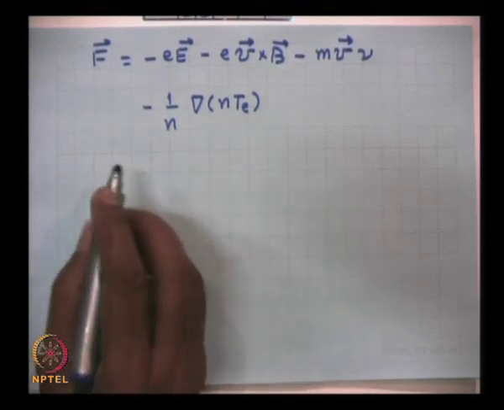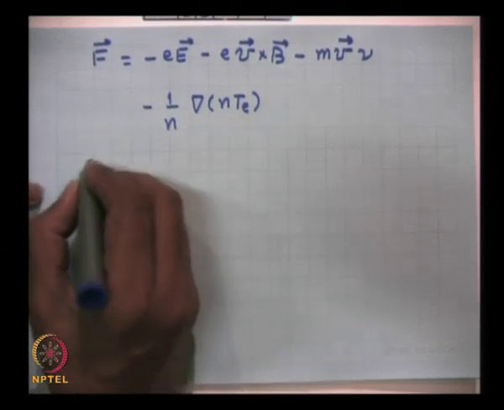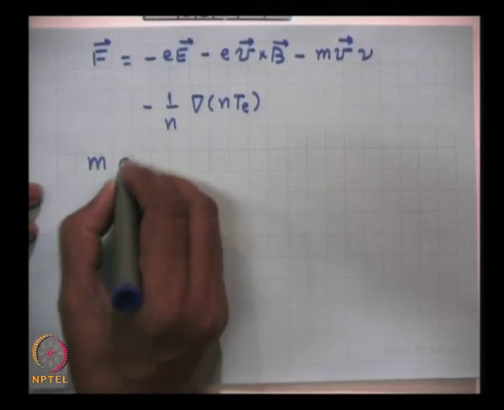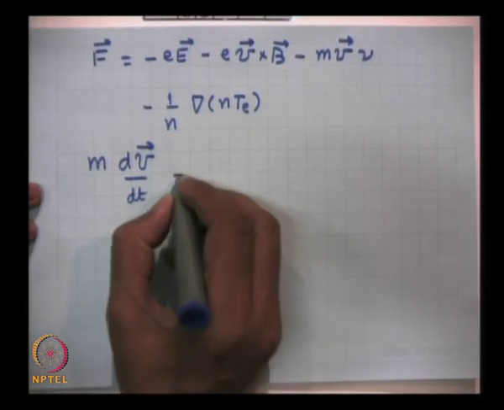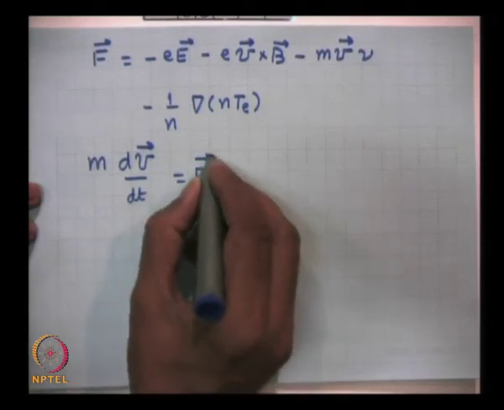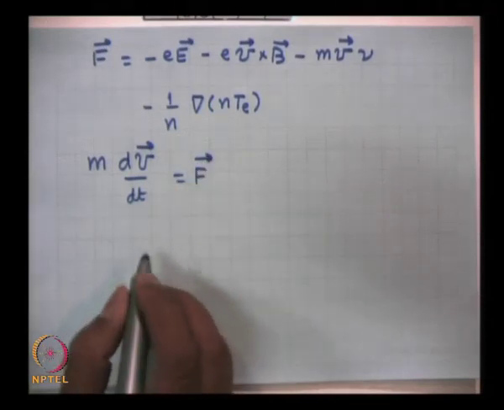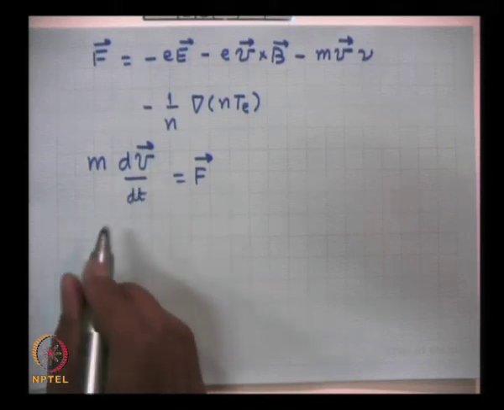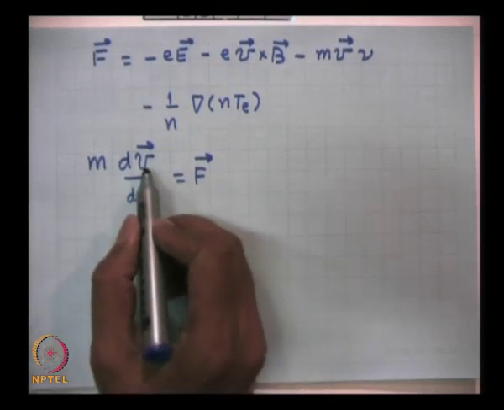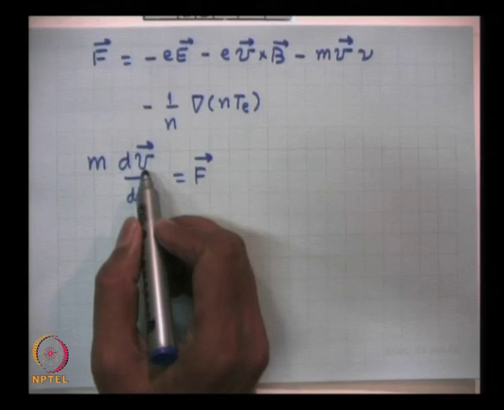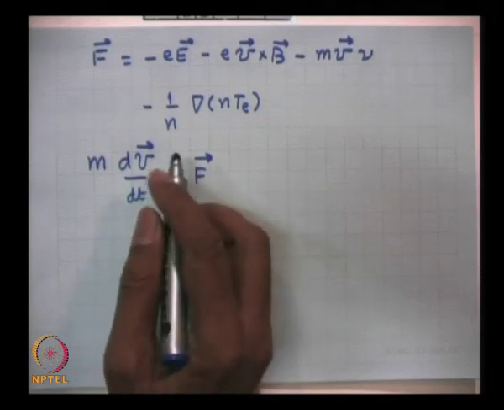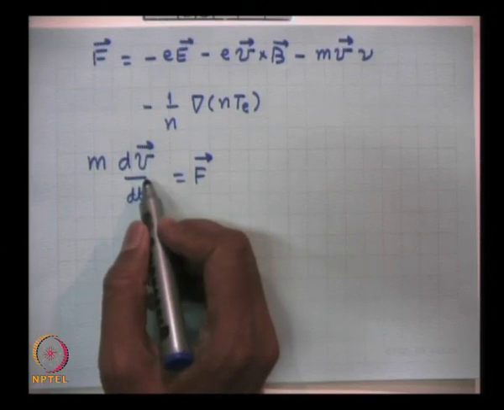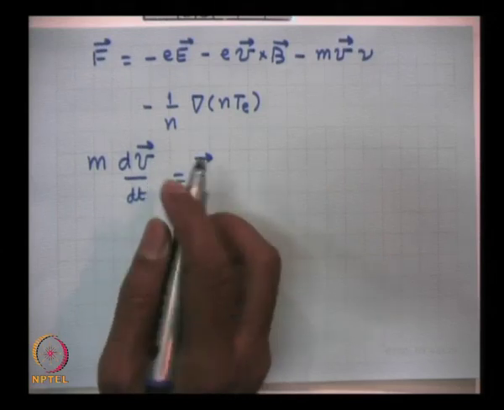Now the issue is, on the left hand side of the equation of motion we had m dV by dt. What is dV by dt? Let us understand this. We are dealing here with millions and trillions of electrons in a plasma. There are a lot of particles, and we are talking about average velocities.